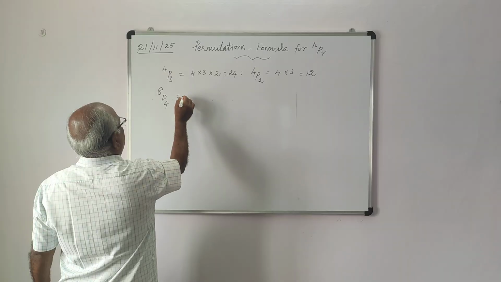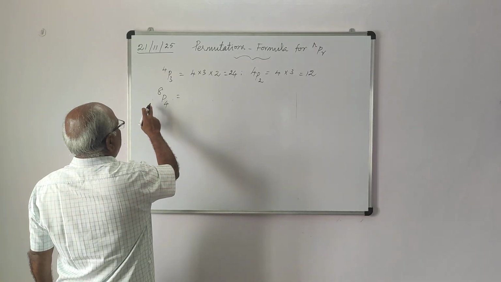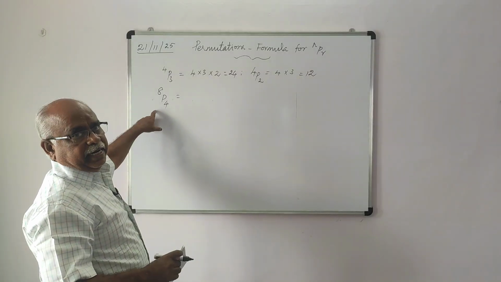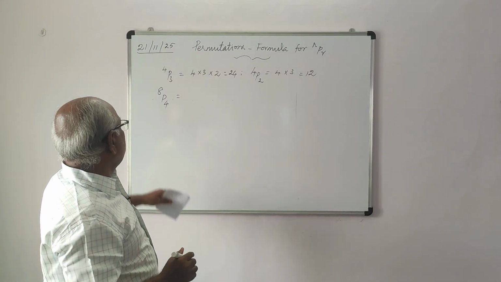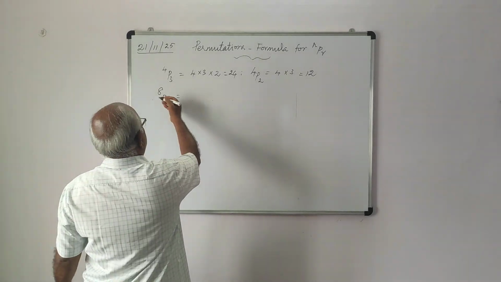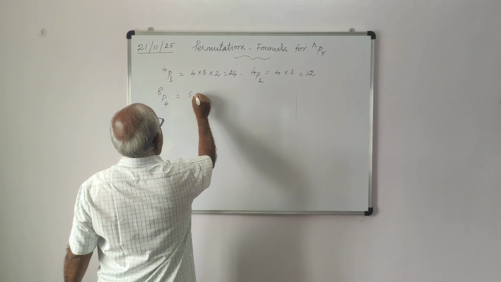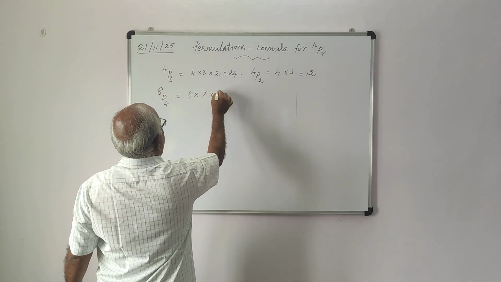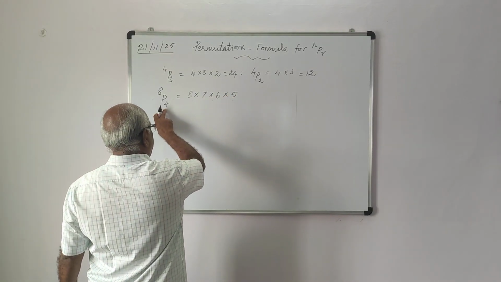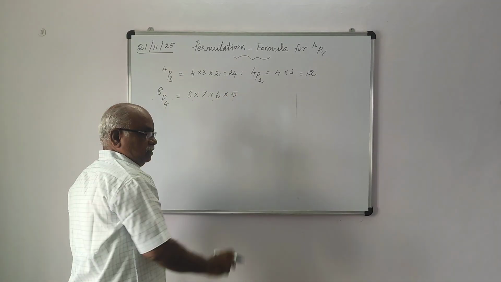8P4, here the number of permutations of 8 things taken 4 things at a time. Considering 4 at a time, out of 8 different things, the number of permutations is 8 into 7 into 6 into 5. Since we are finding 4 here, we have to write 4 numbers.